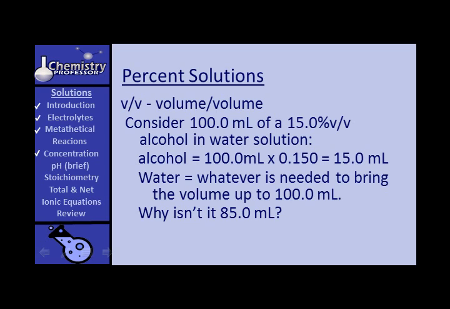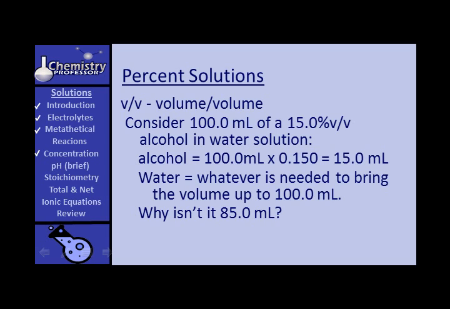Why isn't it? When the solute and the solvent are in each other's presence, there is a relationship that is formed between them. That relationship can draw the molecules closer together, or quite frankly, it can push them apart. And which it does dictates whether the volume is going to be more than or less than the amount that we think.